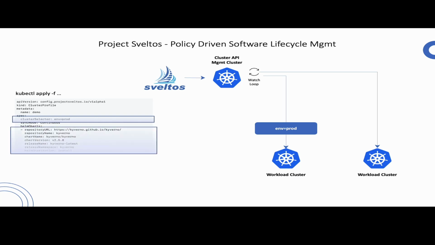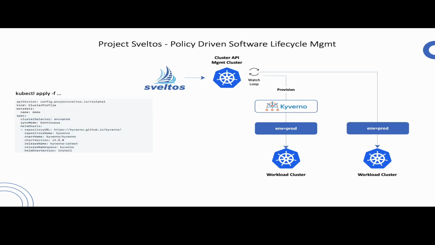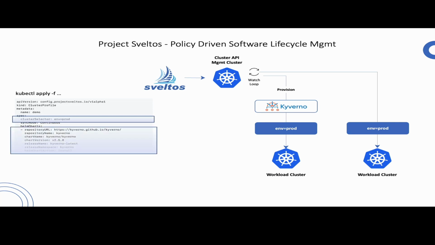And because this cluster is a match, it's going to take all the add-ons and applications listed in this ClusterProfile, in this case just the Kyverno Helm chart, and it's going to deploy it. As simple as that. So if we add the environment: production label on the second managed cluster, the same thing is going to happen. Automatically, Sveltos will detect that this cluster starts being a match, and it will deploy Kyverno on this cluster as well.